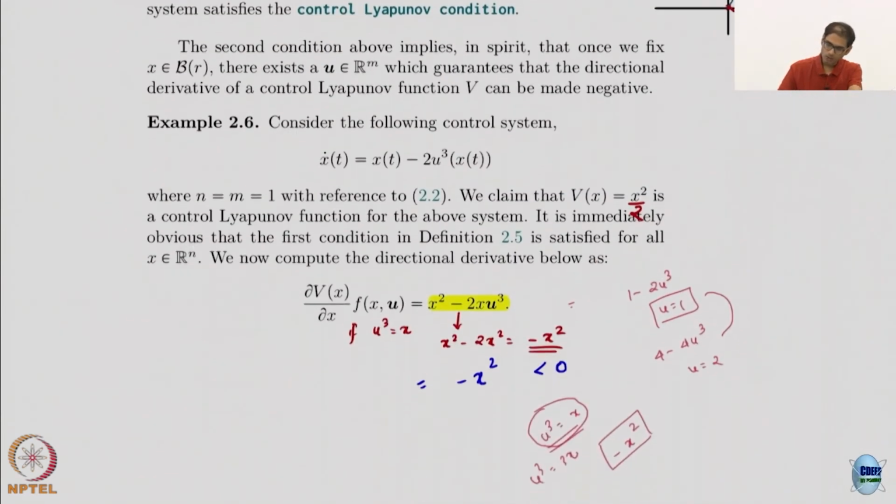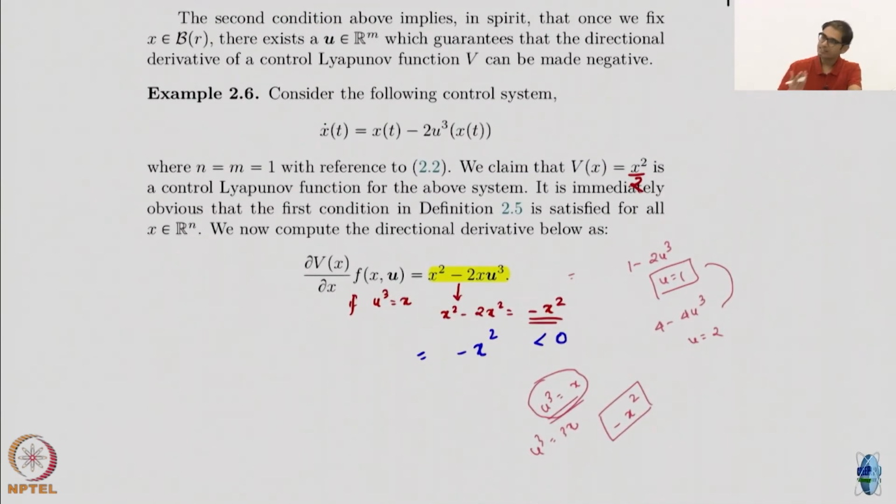Okay, now I have a nicer solution also, because if I choose my control such that u cube is actually equal to x, okay, suppose u cube turns out to be actually equal to x, yeah, then this is just x square minus 2x times x, which is x square minus 2x square, which is minus x square, which I know is negative definite, right?